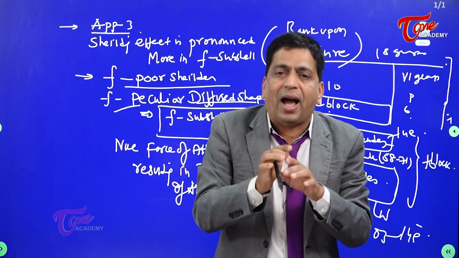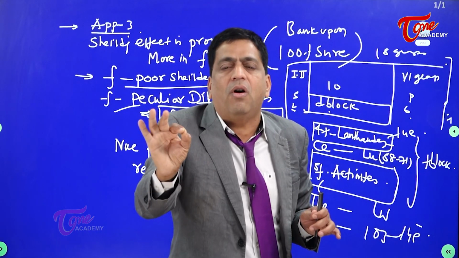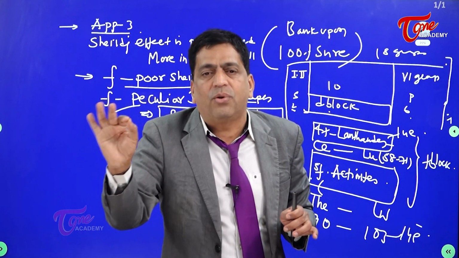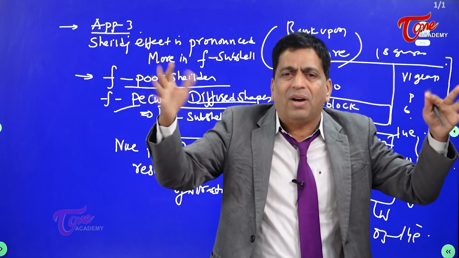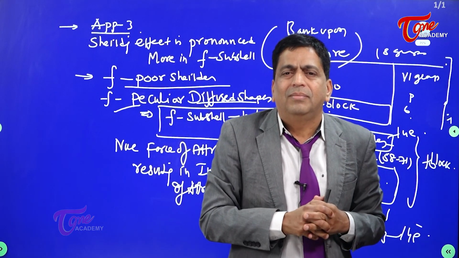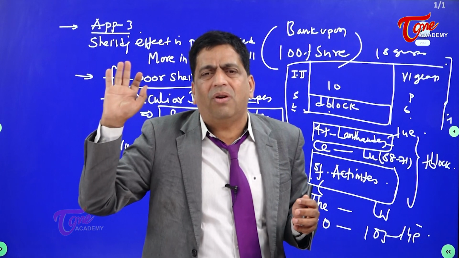If you try to put that radiation onto the electron, forget about getting the photograph, the electron will run away. You can't get a photograph out of it because the electron's energy is too high.